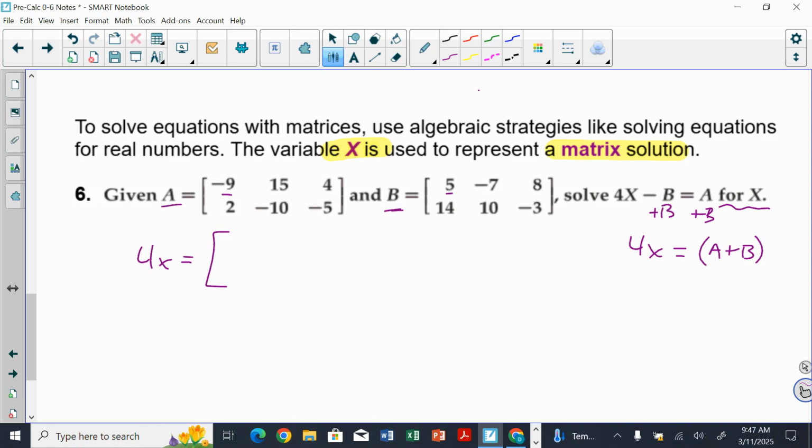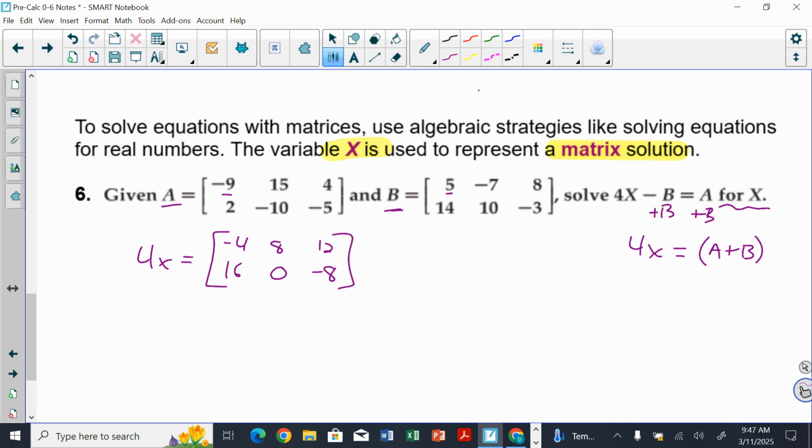So -9 plus 5 is -4. 15 and -7 is 8. And then 4 and 8 is 12. Okay. At the bottom, 2 and 14 make 16. -10 and 10 make 0. And then -5 and -3 make -8. So I added those up. That's my A plus B.